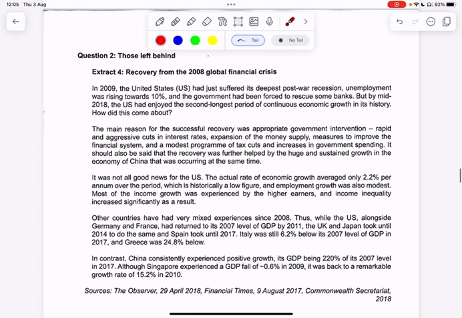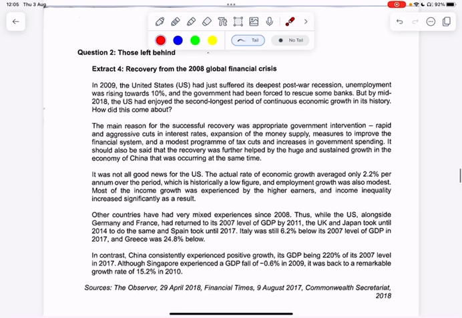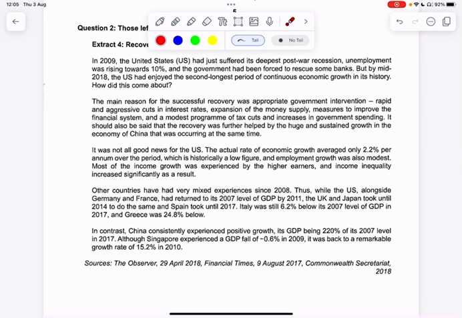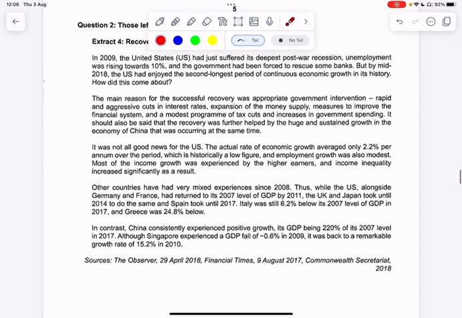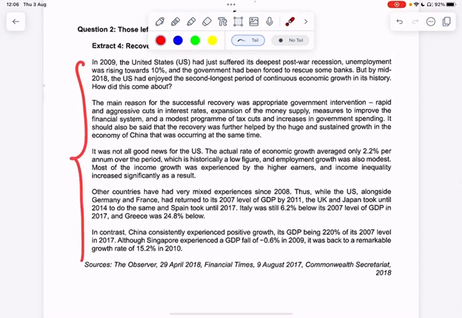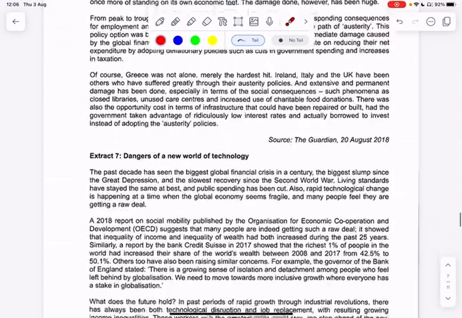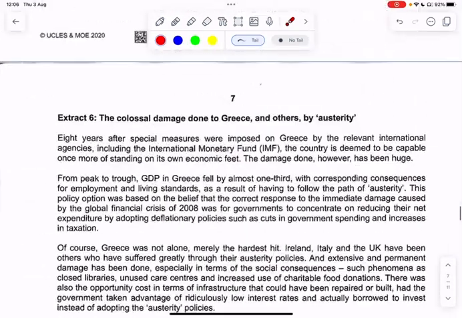But something very interesting you can see here is that different countries had different experiences when it came to how they recovered their economies after the 2008 financial crisis. But this, you realize, is not exactly what we're looking for. So let's move down. In the question, they specifically said extract 6. So let's look at extract 6.